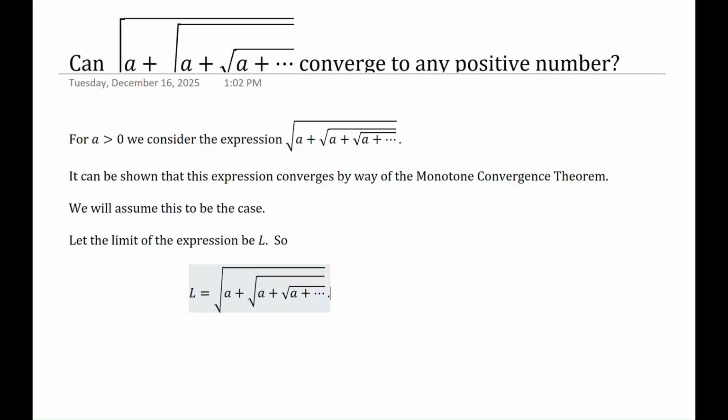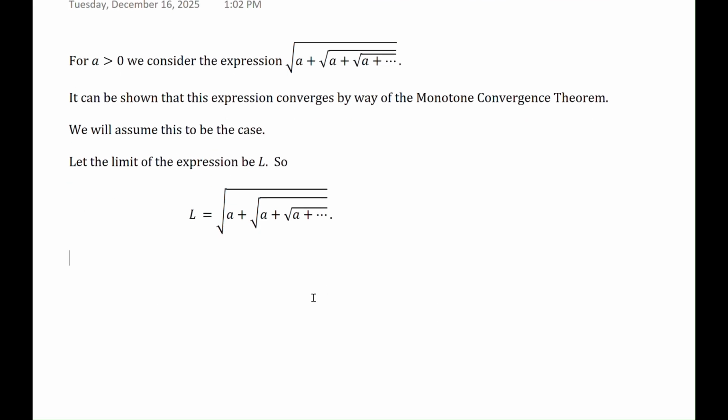And you'll notice that L, in theory, could depend on A. In fact, it does depend on A. So technically, I should probably put a subscript A, but I'm not going to do that. I'm just going to ask you to keep in mind that L depends on A. Well, let's see how L depends on A. So let's compute the limit.